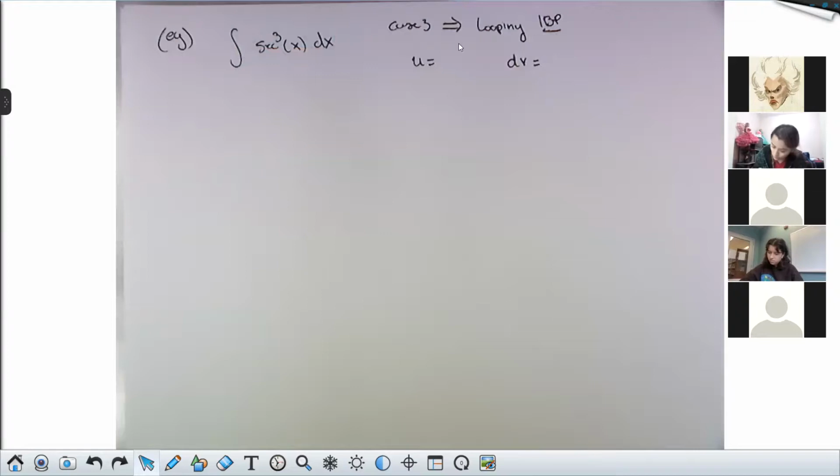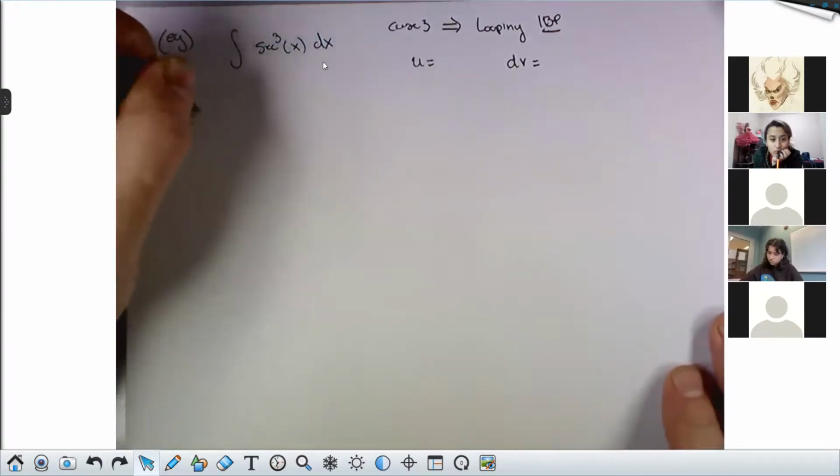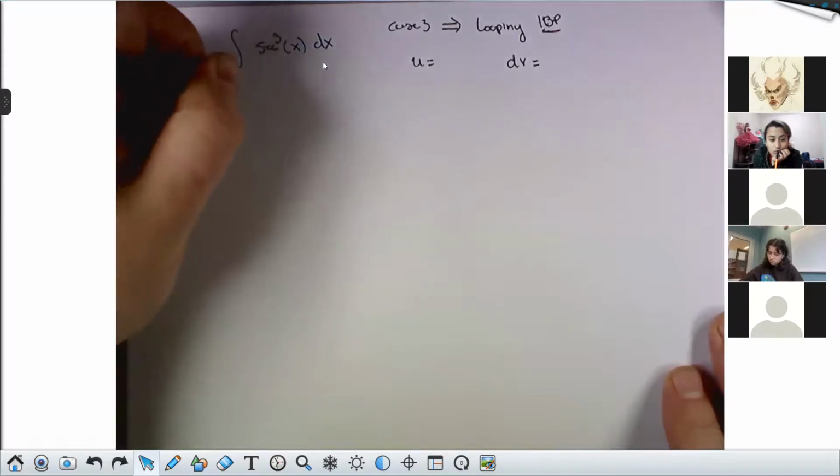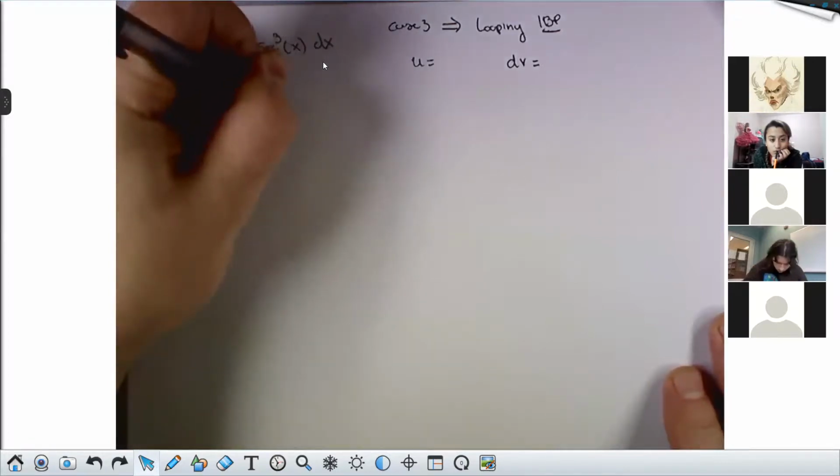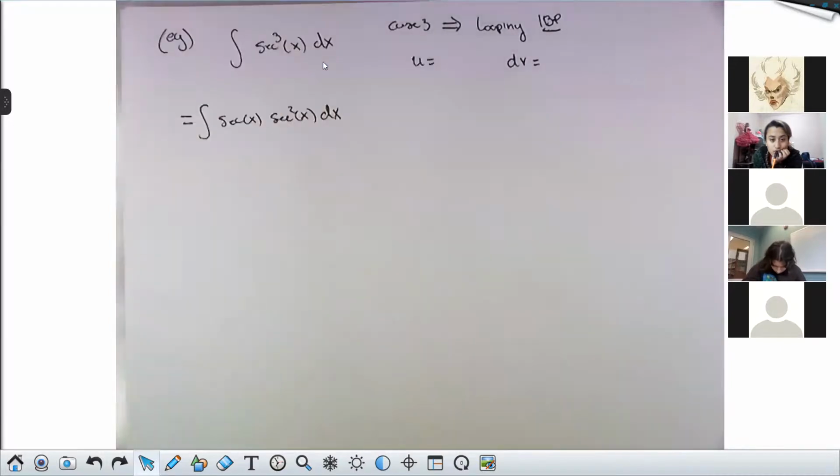So nobody told us how to choose U and dv for this. Everything here is trig, so LIPET doesn't help either. So this is where thinking of things the way Arthur Matic thinks about things. Remember that MIT guy I mentioned when we talked about integration by parts? He says, look at your integrand for a piece that you would like to integrate and a piece that you would like to differentiate, right?